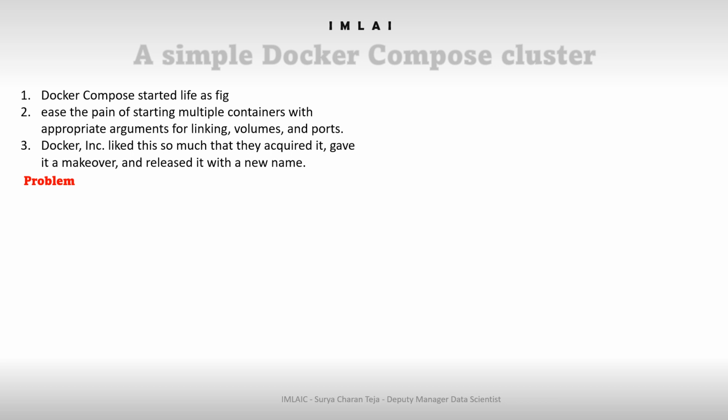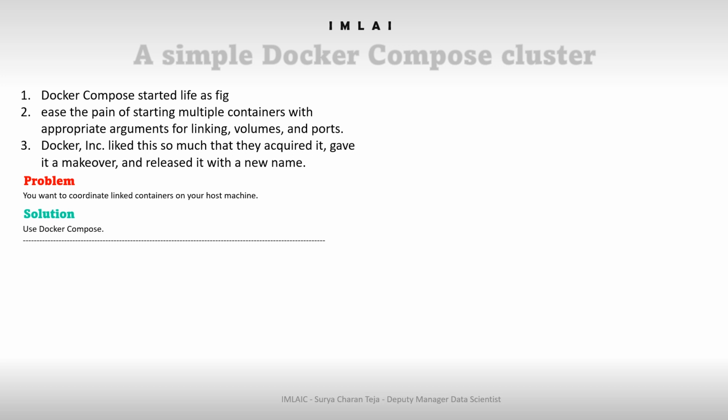Here the problem statement for us is: we want to coordinate linked containers on our host machine, but how can we do that? The solution for this, at this moment, is Docker Compose. We have many other tools, Kubernetes also, but Kubernetes would be overkill if you have a small number of containers and small applications.